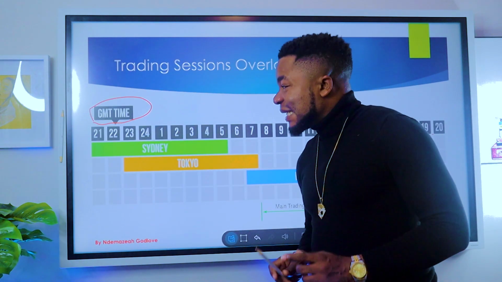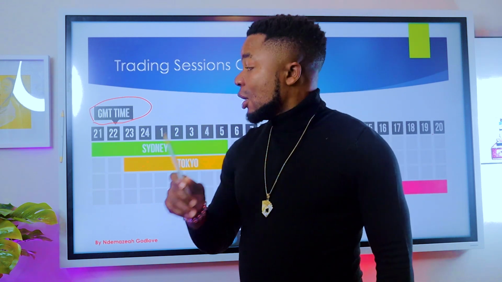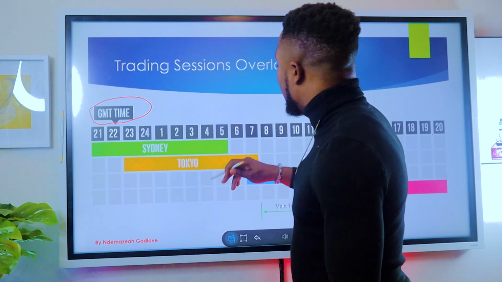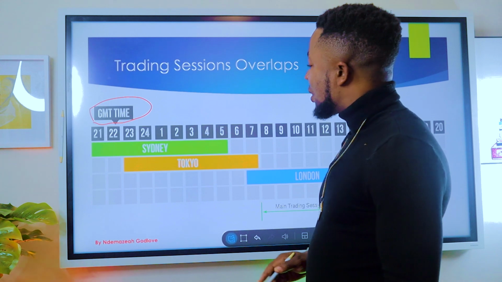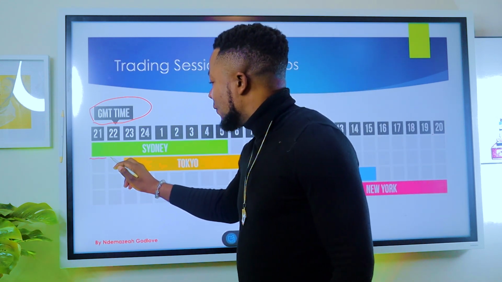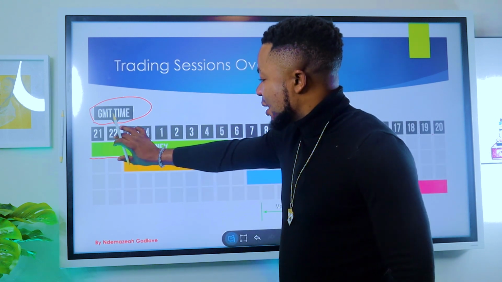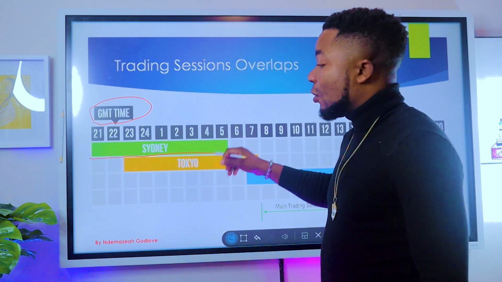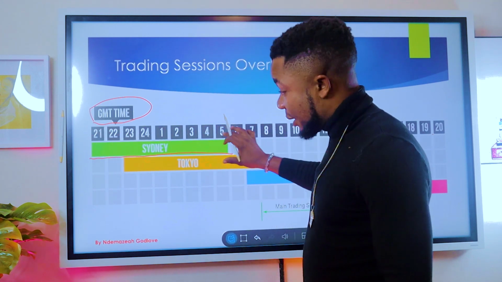So now the Sydney session, remember we explained very well that the Sydney session according to GMT opens at 21 o'clock and closes at 5 a.m. So you can see this session covers from here up to here. This green session is where the Sydney market is open, which is from 21 o'clock, or 9 p.m., to 5 a.m. All right.